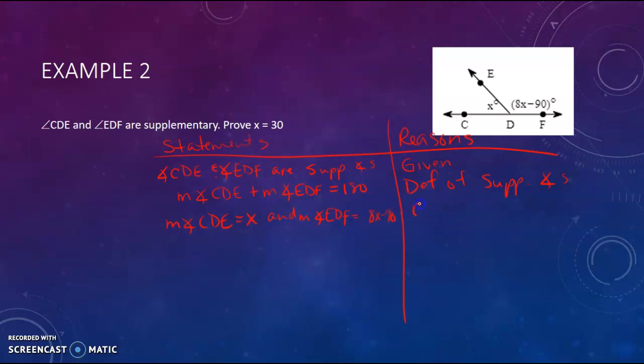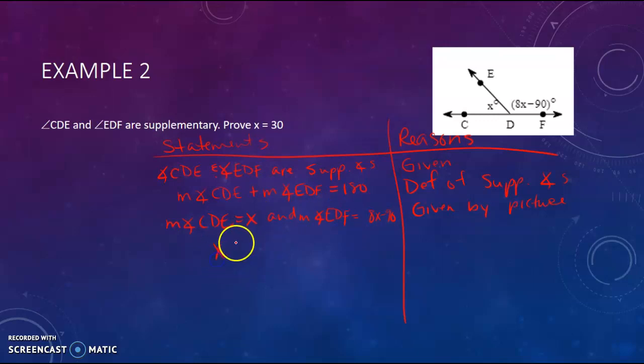And so that's given by picture. Now, between the fact that CDE plus EDF equals 180, and now I know that CDE is x and EDF is 8x minus 90, I'm going to replace them in my equation.